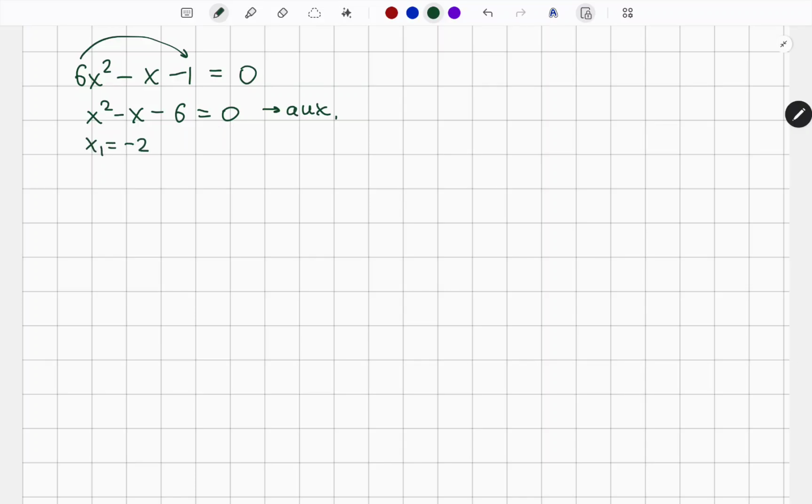So this is -2. Of course, I took into account the signs of the quadratic equation. They were the same. So that's why I tried negative candidates, -2. The second root is -6 divided by -2. It's 3.